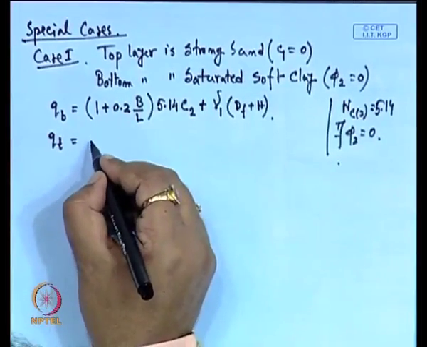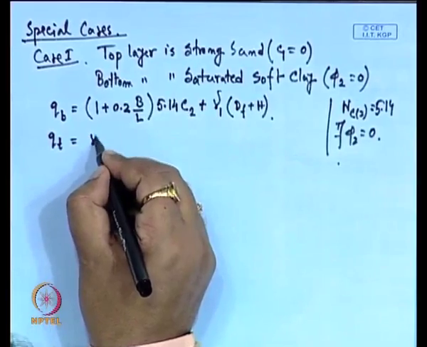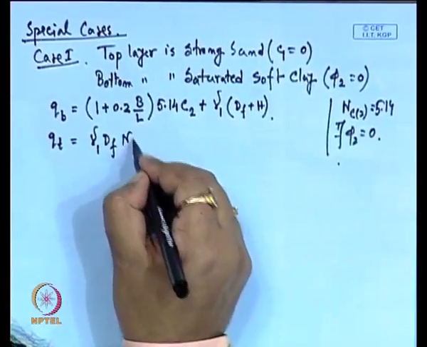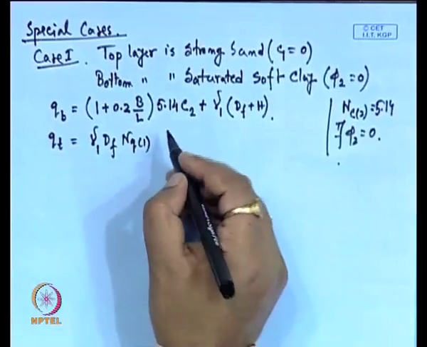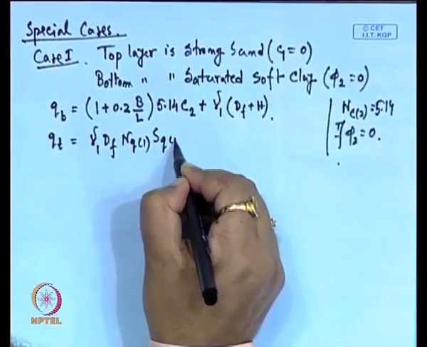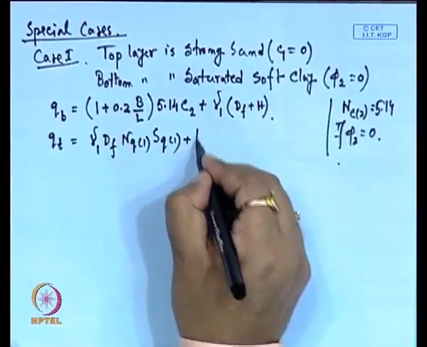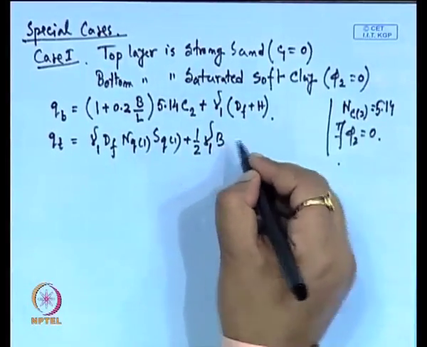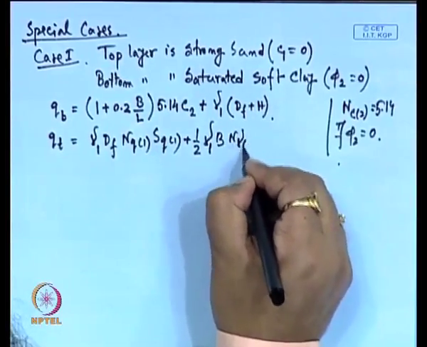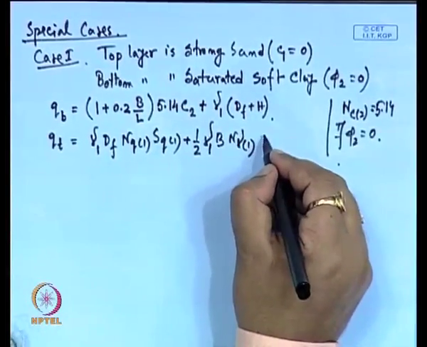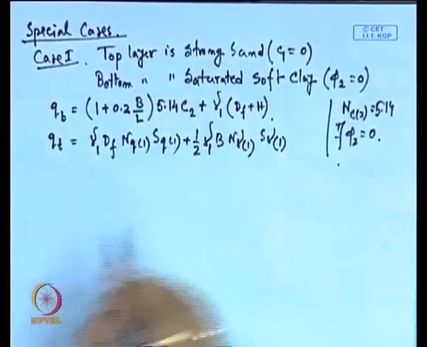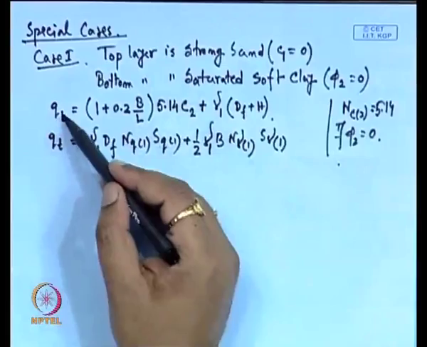In the second part we can write gamma 1 Df into Nq1 and Sq1 plus half into gamma 1 B N gamma 1 into S gamma 1. So, in this fashion we can determine the Qt and the Qb.